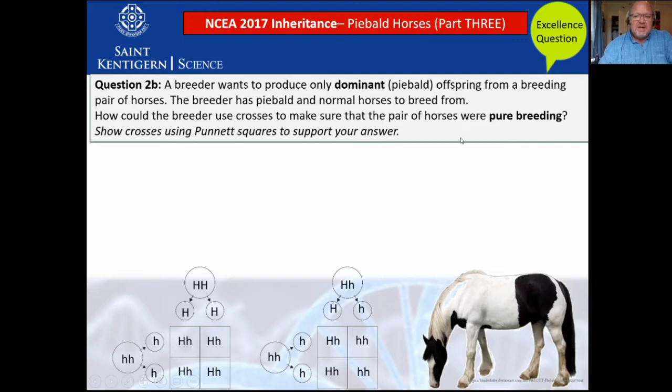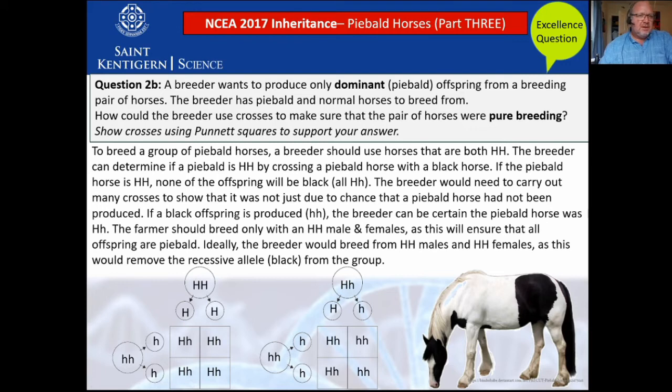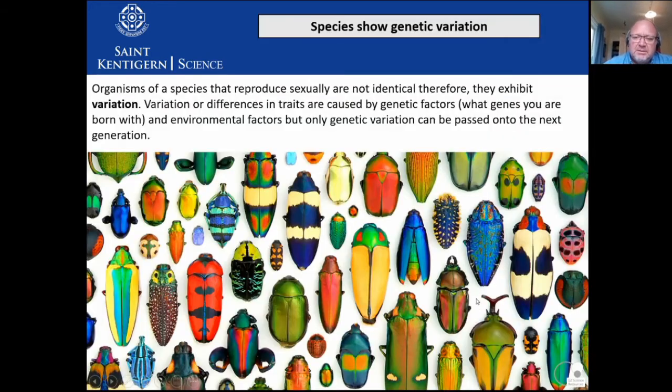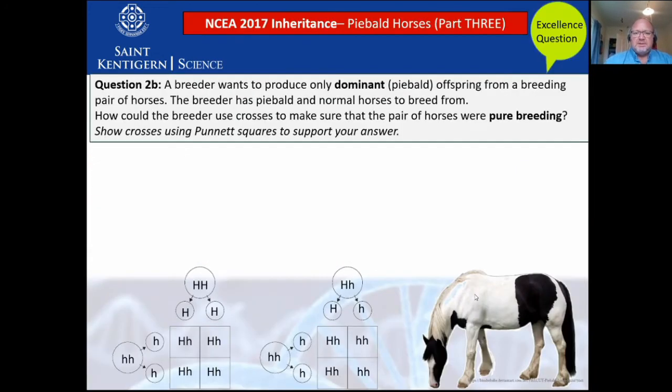So what you say is, this is a classical test cross. We want to see if this horse is homozygous dominant or not. Okay? In other words, this horse's genotype needs to be... Oh, that doesn't work very well, does it? Come on, give me some ink.